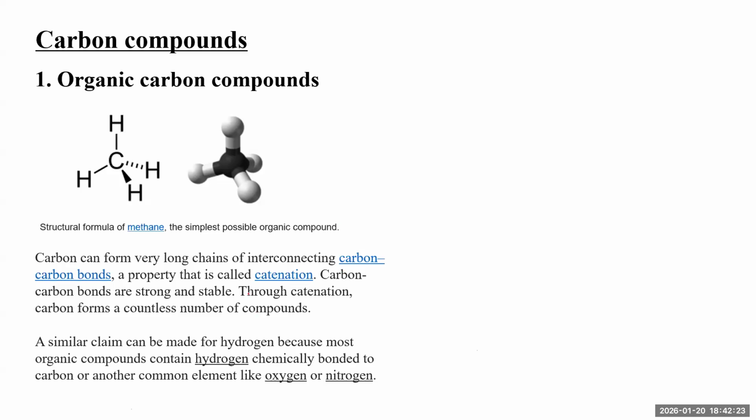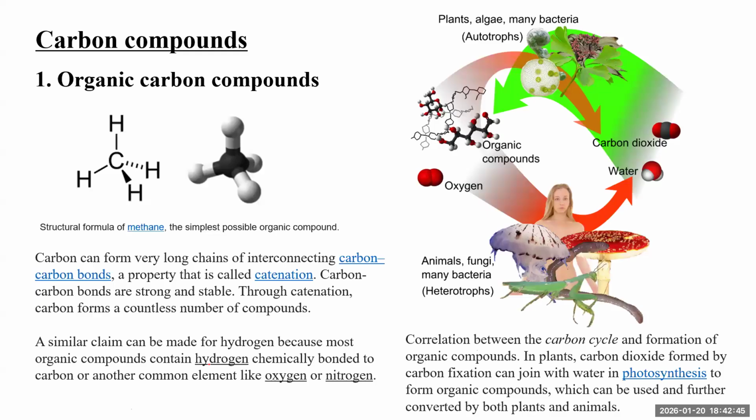Through catenation, carbon forms a countless number of compounds, and similarly for hydrogen, because most organic compounds contain hydrogen as well. That is the reason animals and plants always contain the element carbon.